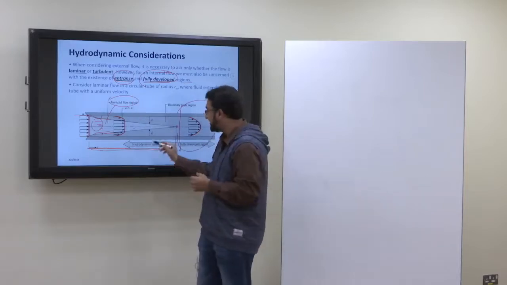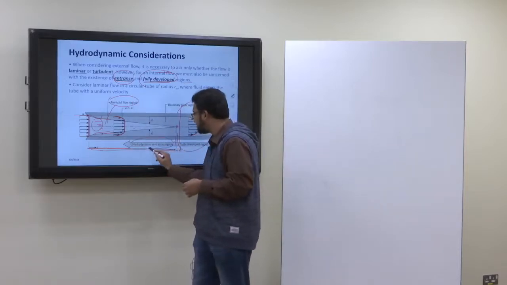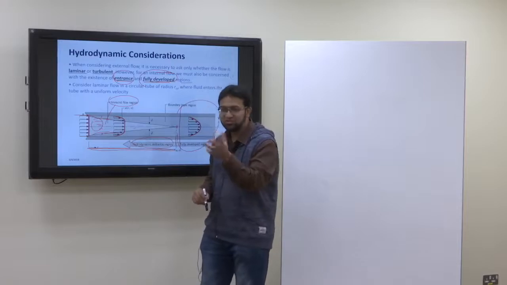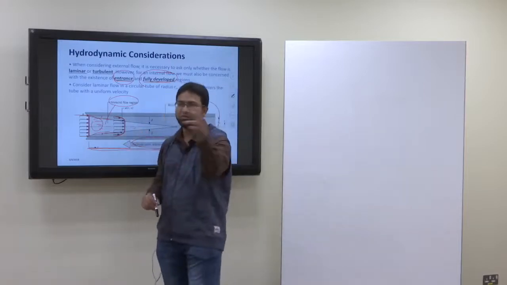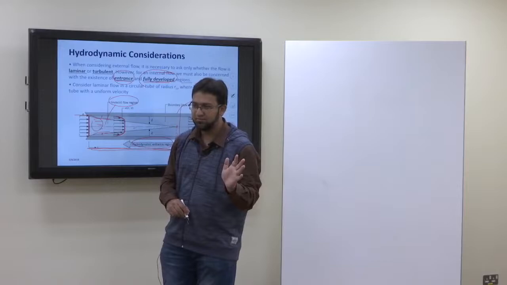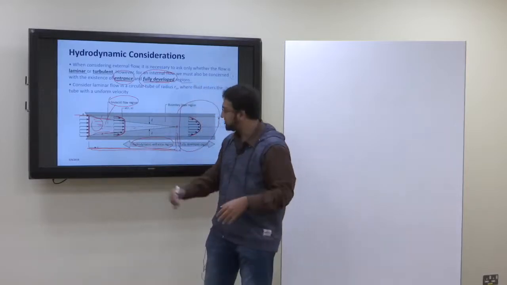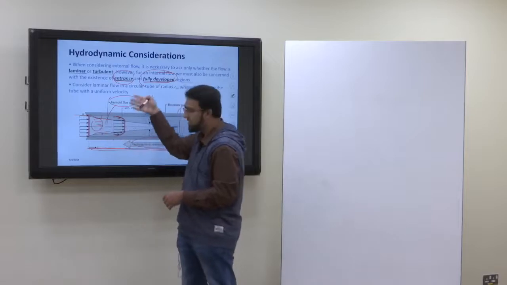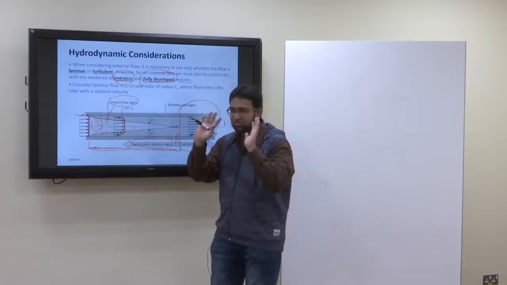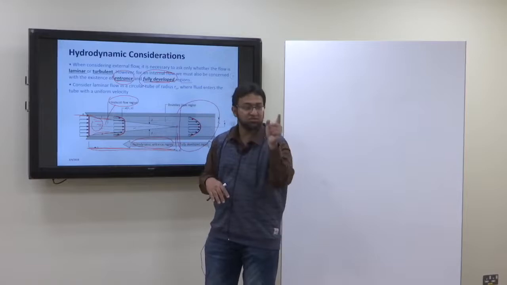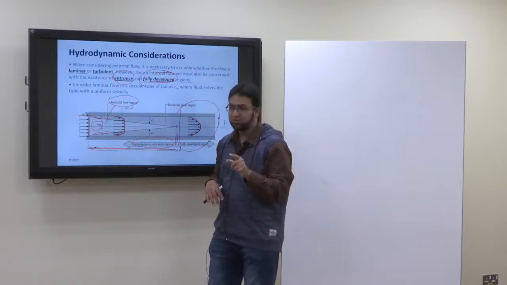Or we call it the hydrodynamic entrance region. Hydrodynamics deals with the velocity. Thermal deals with temperature. Okay? So we are not right now dealing with the temperature. We consider, let's say, the flow has the same temperature as the tube. The temperatures are same. Only the thing is that there is velocity variation because of the boundary layer.